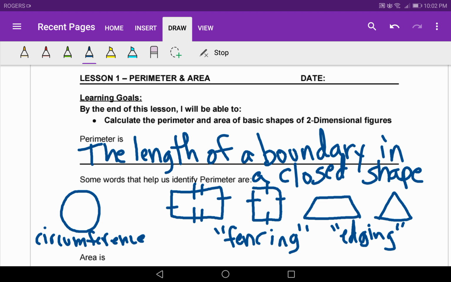So like I said, in a word problem situation, look for keywords. If it says something about fencing or edging of some sort or anything that has to do with enclosing an area, you know that you have to find the perimeter. Specifically, if you're dealing with a circle, it's not called the perimeter, it's called the circumference.